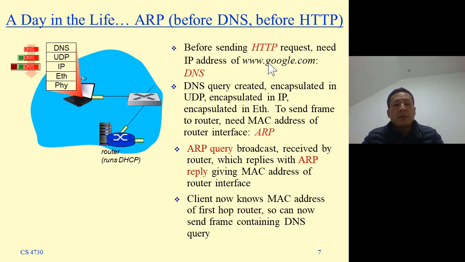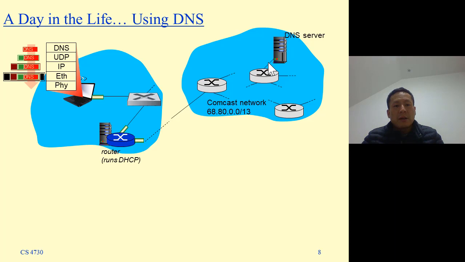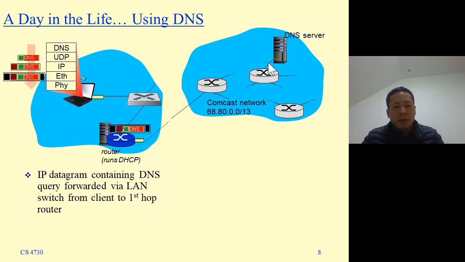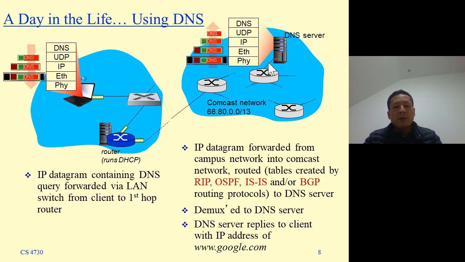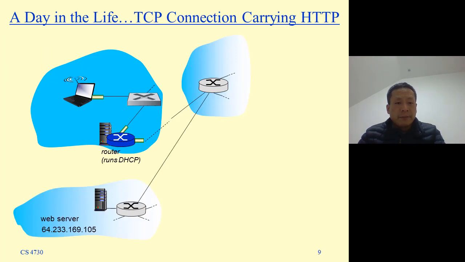So you send the DNS request out, and it will go through the intra-domain routing, using RIP or OSPF routing protocols, and eventually arrive at the DNS server. The DNS server will reply and let you know the IP address of the Google server.